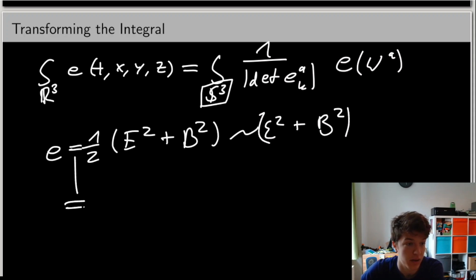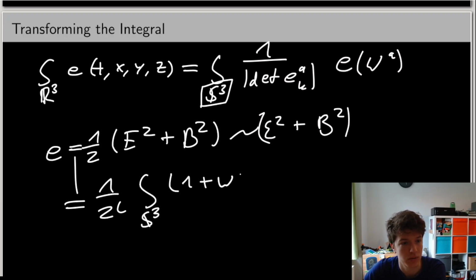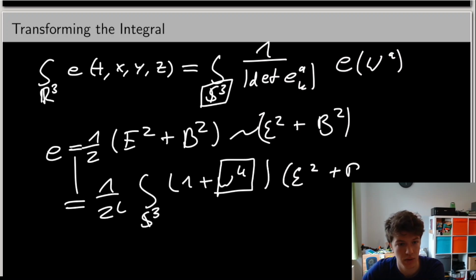and this can be further simplified using some properties that we can prove or show or calculate. This is 1 plus the 4th coordinate of the 3-sphere times e squared plus b squared.